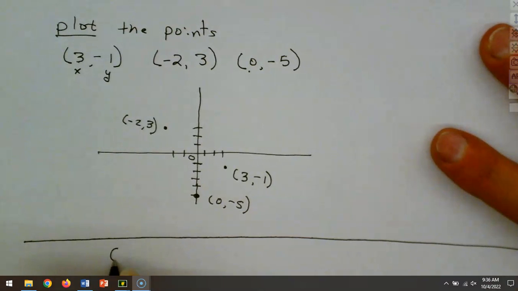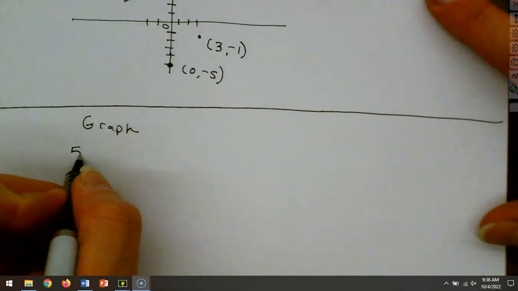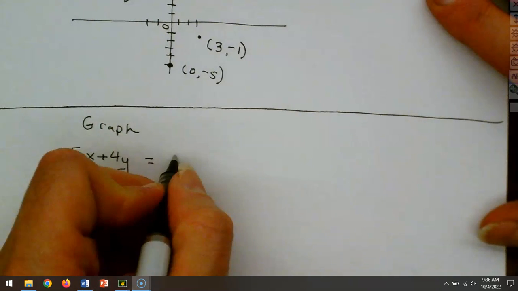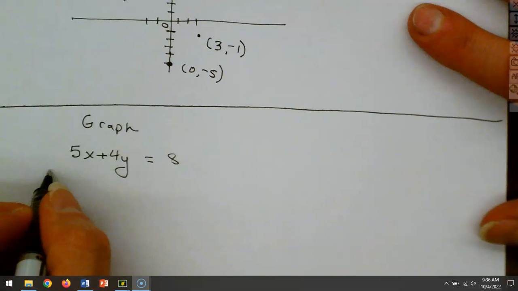Let's look at a couple of these. I'm going to have you graph this line. And we're going to have you do this by completing the ordered pairs.